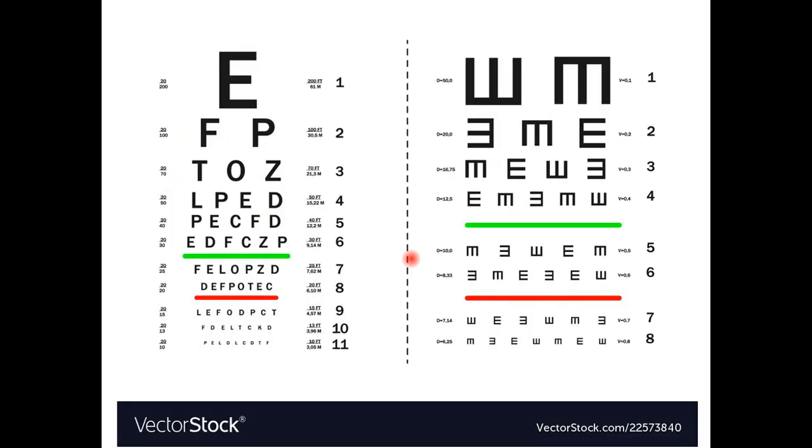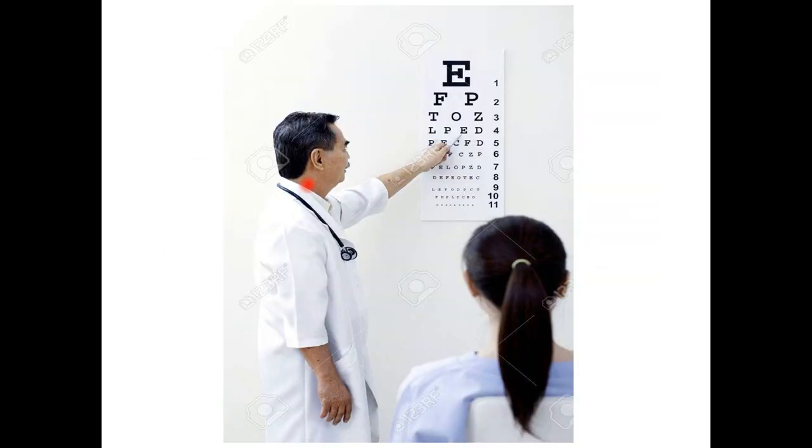Then you go to the examination of visual acuity, and you know this chart. The patient should have perfect visual acuity so he can see the openings here, upward or downward, or see the letters here. He sits at a distance of 6 meters, and we say that perfect visual acuity is, for example, 6/6 or 6/9. This is the way to examine visual acuity. You have to examine each eye separately.